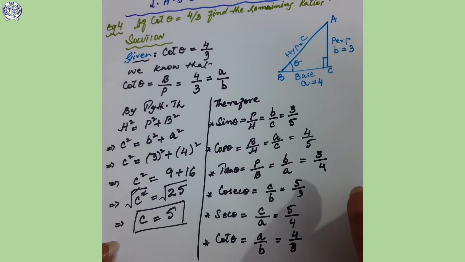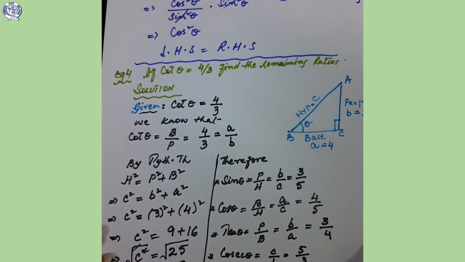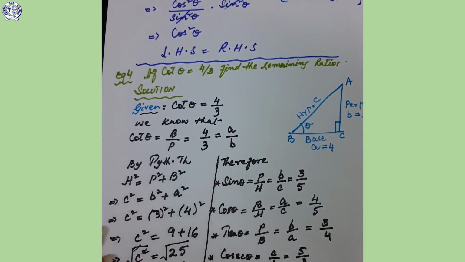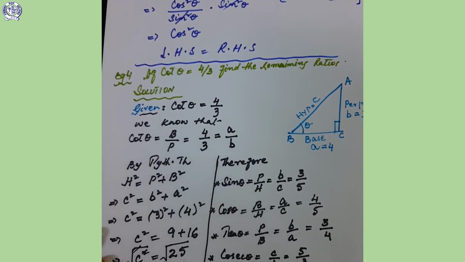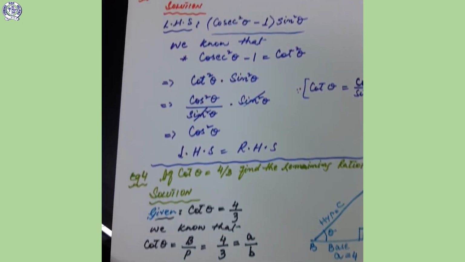So we have done this also: if a value is given, how to solve for all 6 ratios. We did identities, and we did examples, and with the help of identities, how to solve the example questions. It comes in the short question answers.